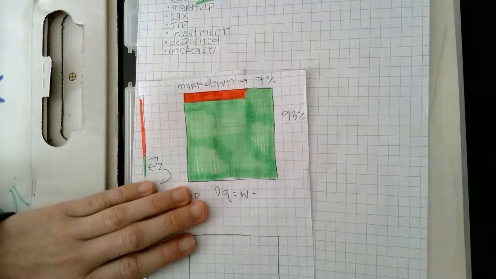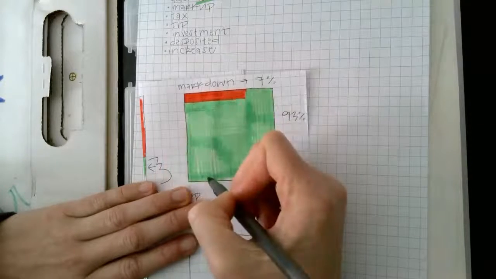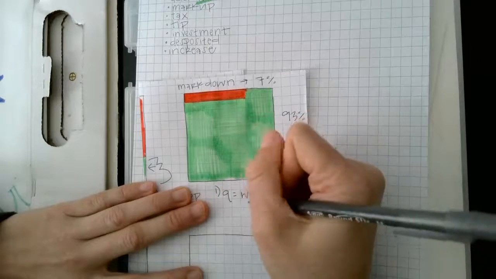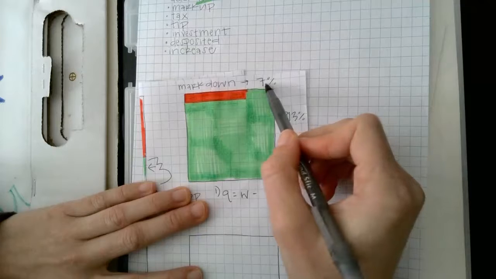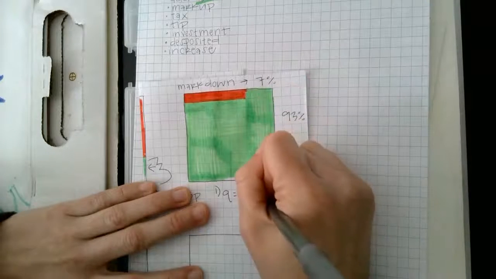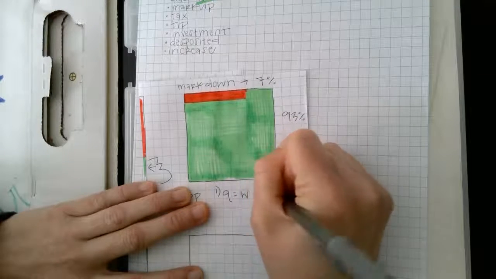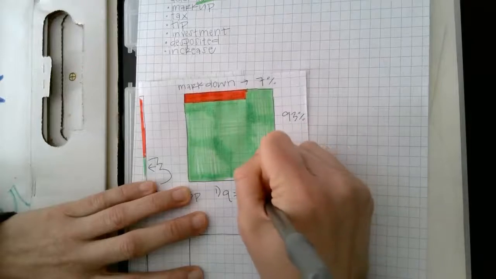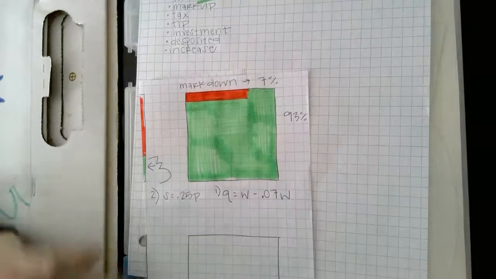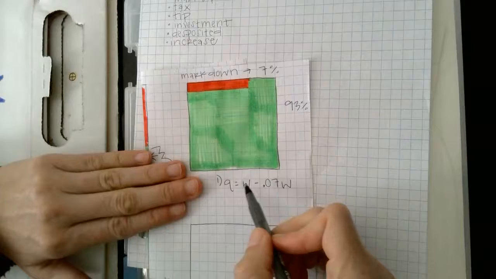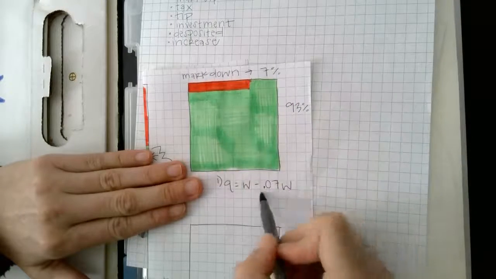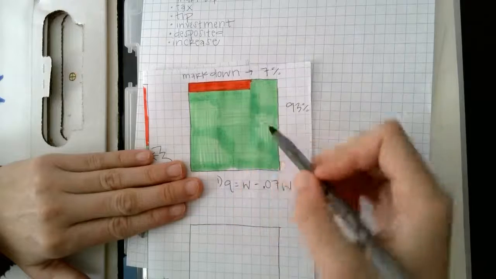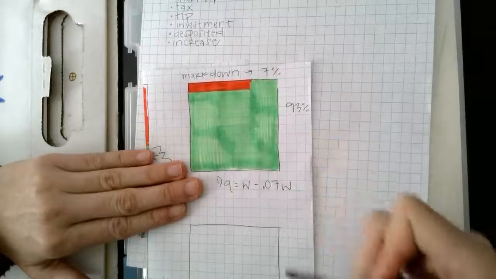However, we don't know what the whole represents, so we're still using a W for the whole, and we're going to take W times our 7%. So 0.07 times W. This is our first way that we can write it. So our whole minus the 7% of the whole will give us all this green.